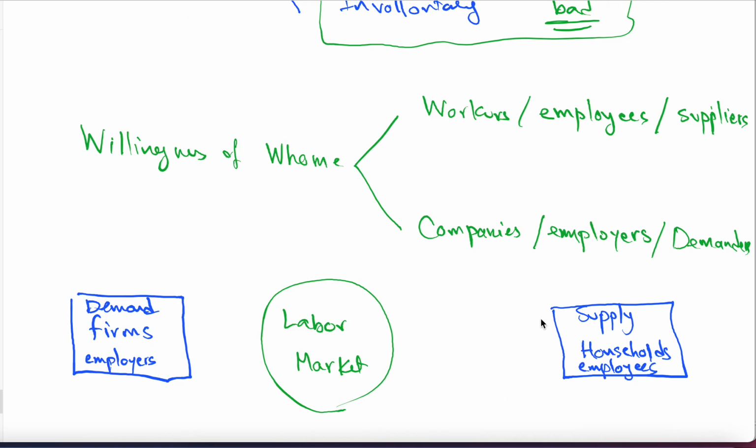They are supplying their manpower, number of people or hours, and they go to work, and in return they get paid. So for the firms it is an expense, for the workers it is income.